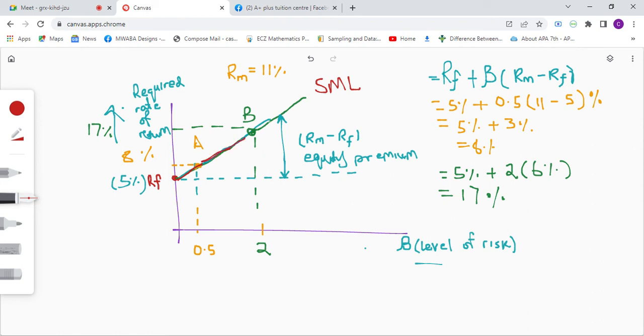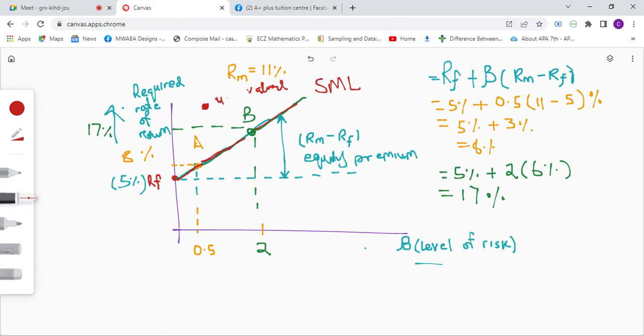So if we have, let's say, a stock which is above the security market line, we say it is, I mean, this one above the security market line is undervalued. Sorry. Undervalued.